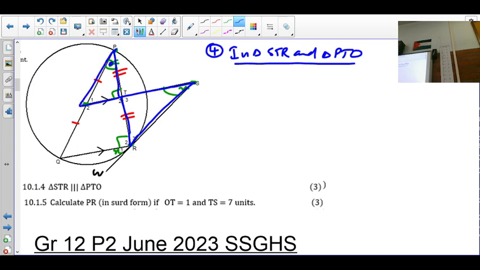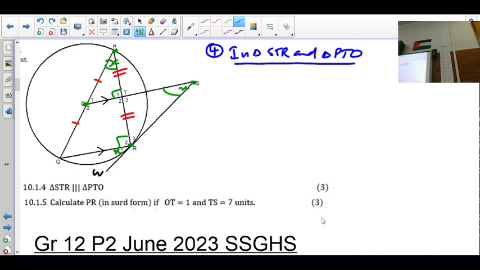We already know that that angle is equal to that angle, not so? Then we know that that is vertically opposite there, not so? And the third one has to be equal. Why? It's the third angle in a triangle. That was an easy one, huh? Sorry about that. Making it too easy for you guys.